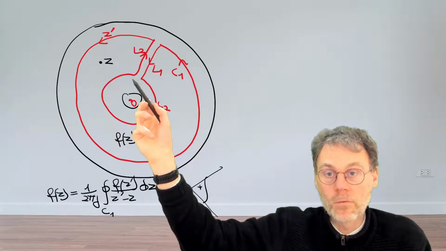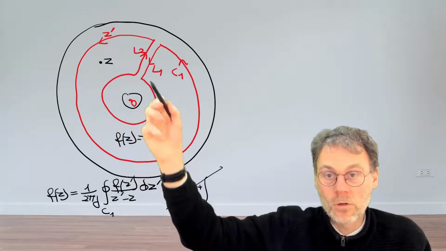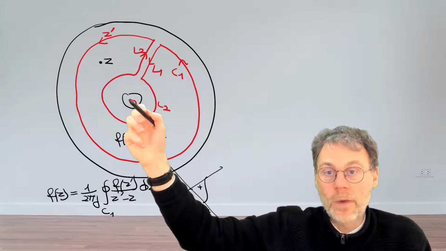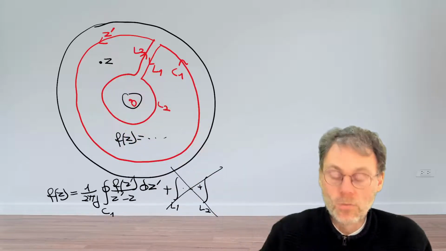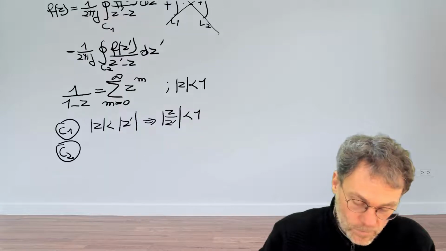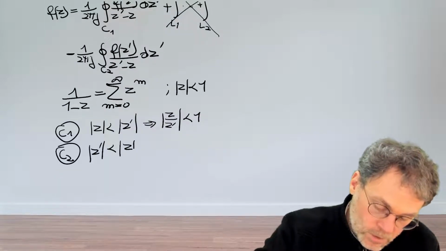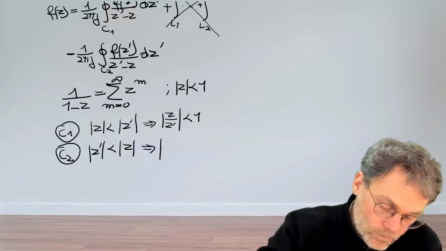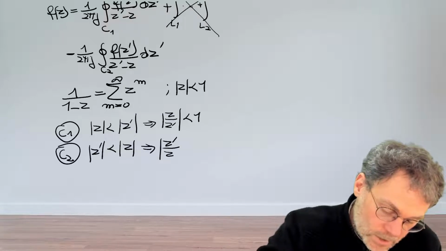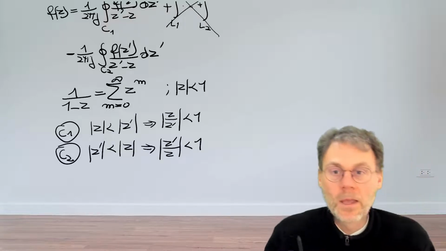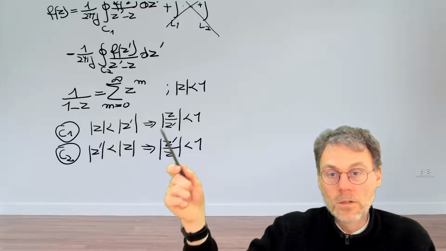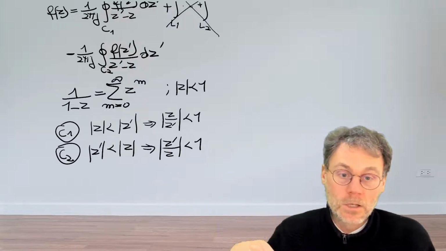Now z prime will be lying on the inner red contour. And now we have that the magnitude of z prime is smaller than the magnitude of z, which now means that we should divide everything by z in order to end up with a quantity which in magnitude is smaller than 1.